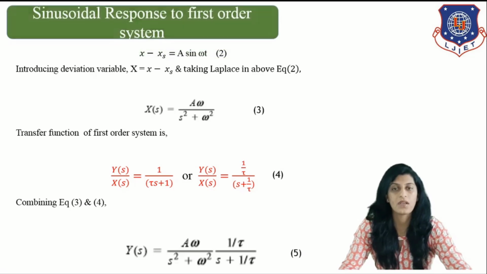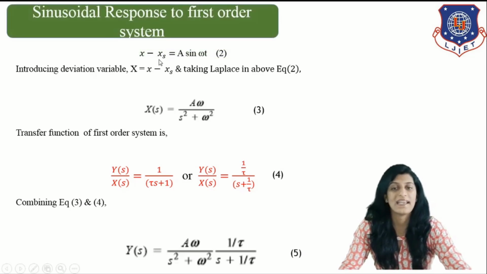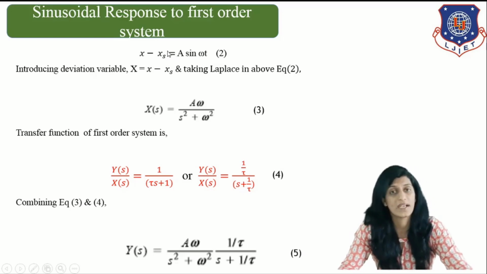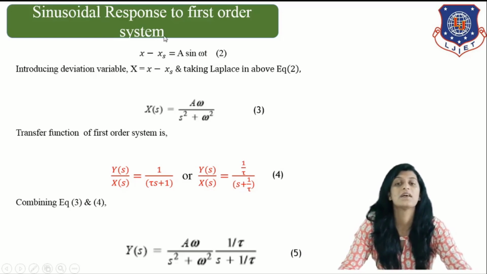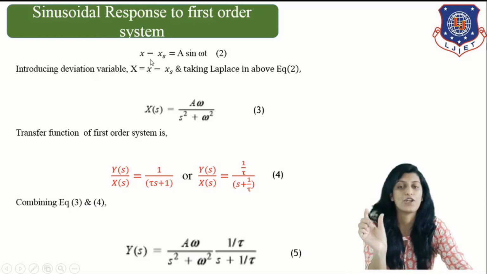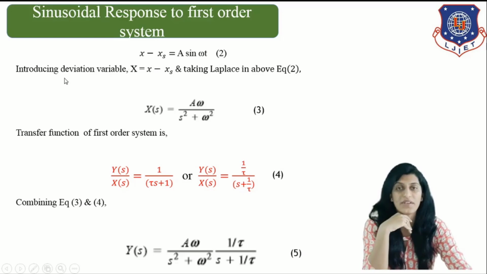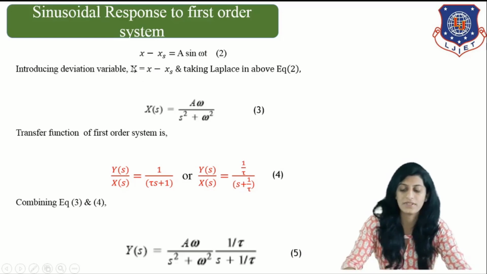Now, we are just shifting the terms, so it will become X minus Xs, and we know this is nothing but a change in value. A change in value can be represented as a deviation variable using the capital letter of that term.